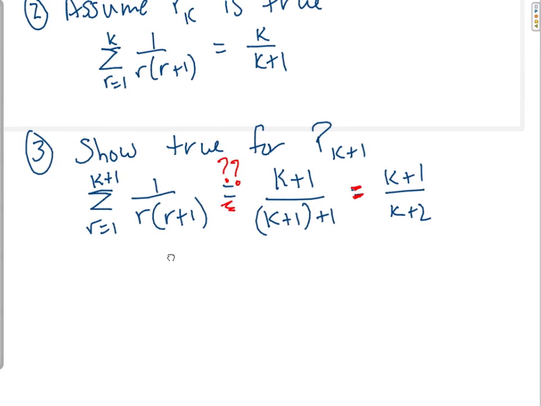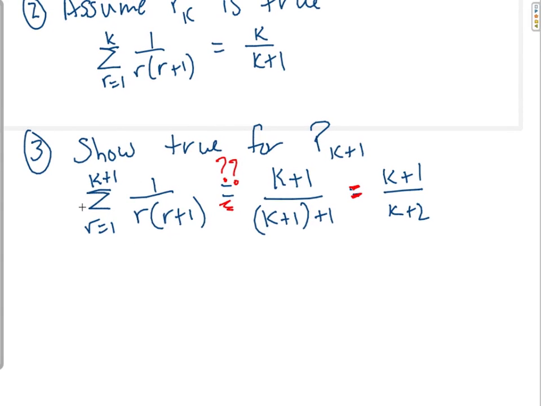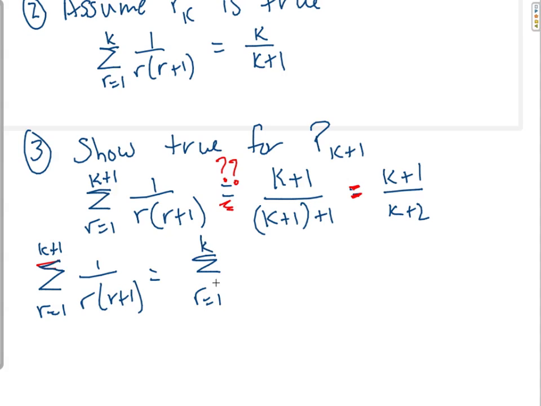Okay, so in doing this we have to use our assumption. To go through the gory details, this summation here, if I go to k plus 1 of this, that means I could also do the summation of r equal to 1 to k of this. But that means I must add my k plus 1th term.